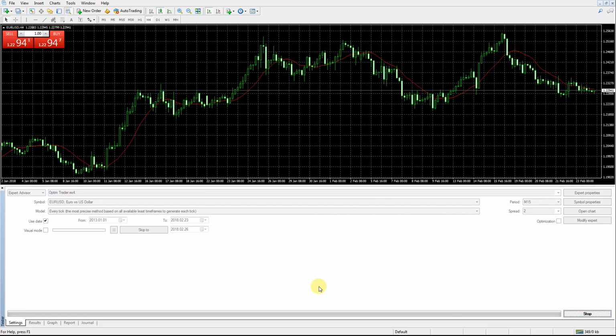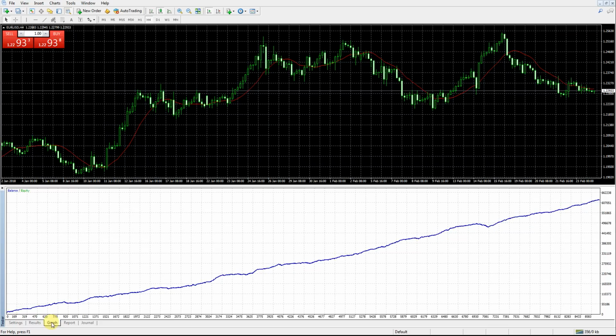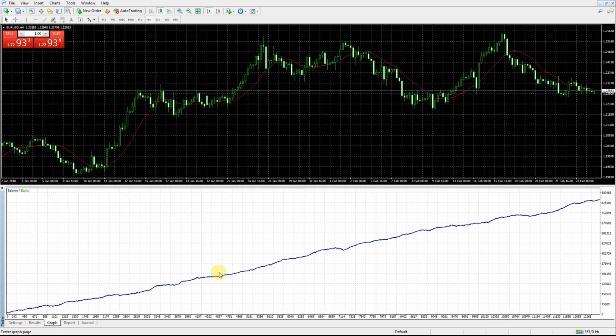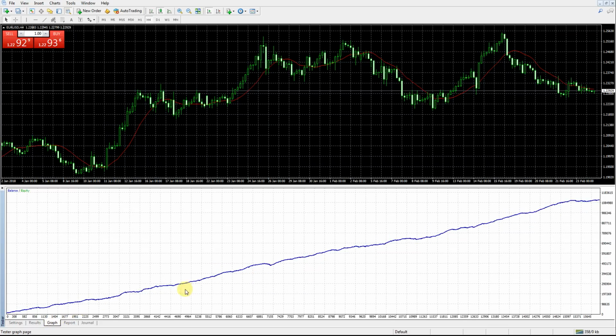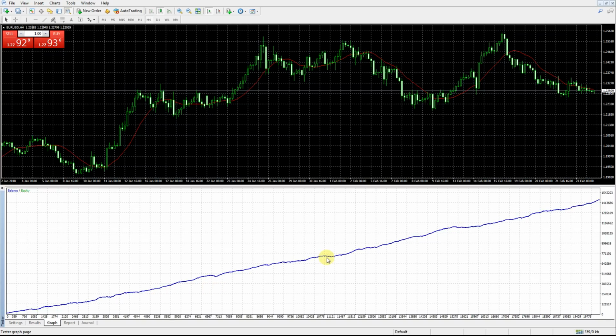Let's start the test. And we have started. As you can see, the robot is trading and it is generating very linear profits.